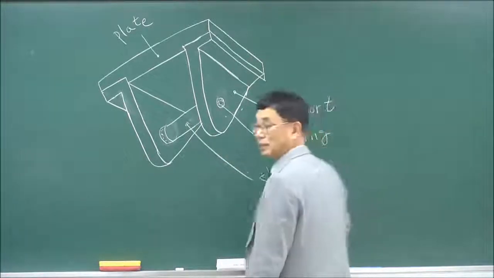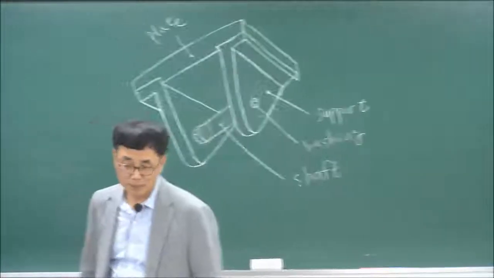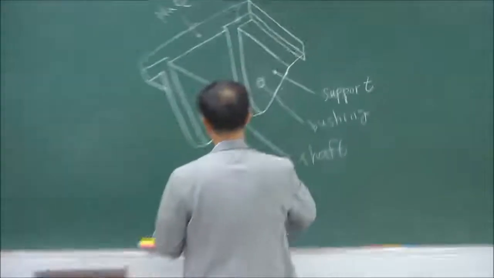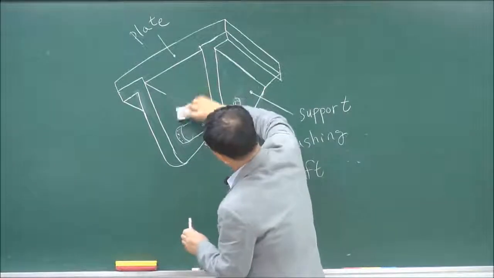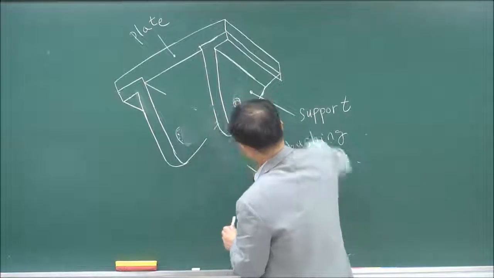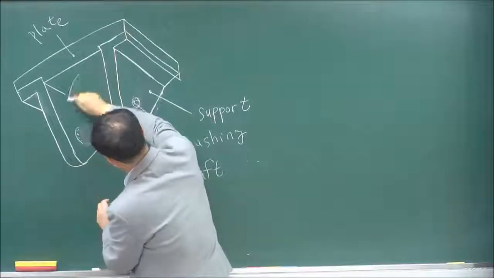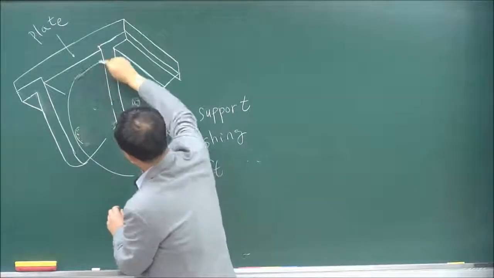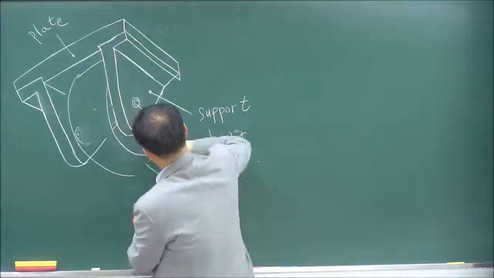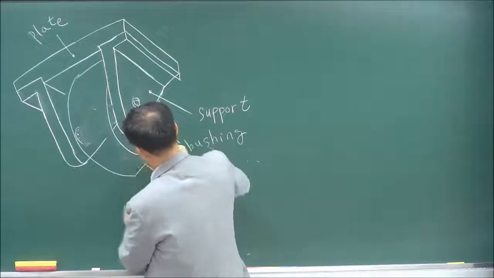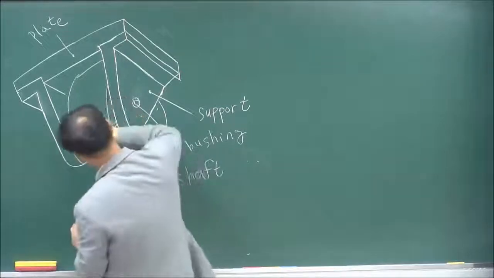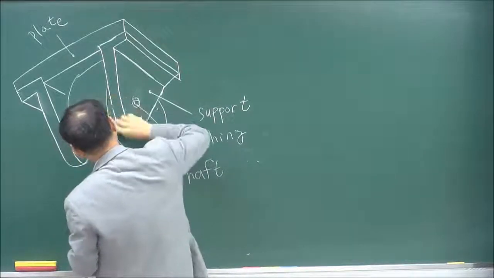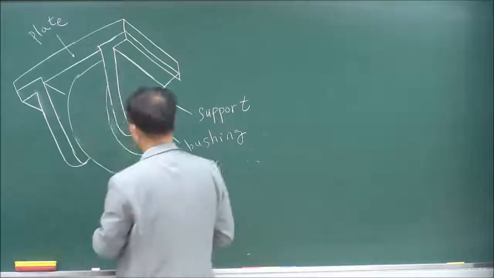Now, the last one is a pulley. If the pulley is assembled, then the whole shape would be like this. When the pulley is assembled, all the detailed parts are gone.